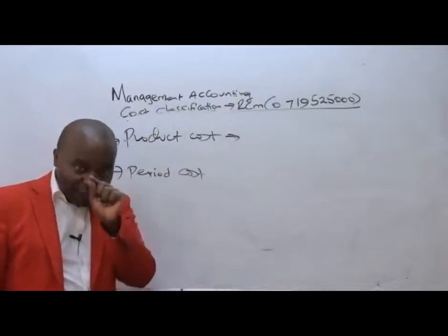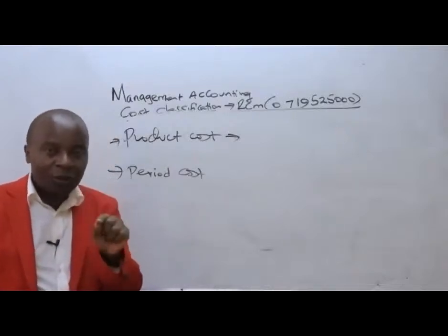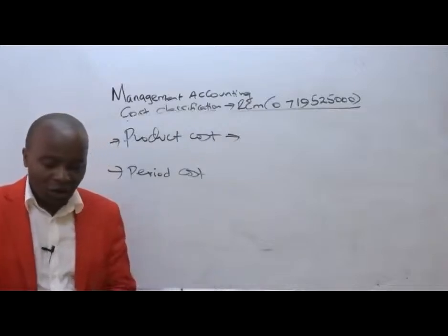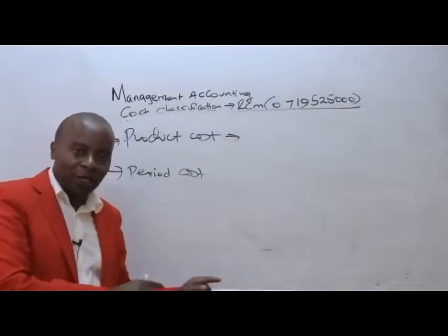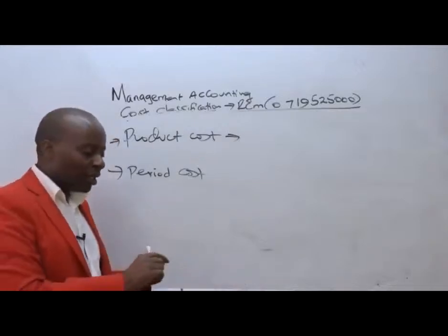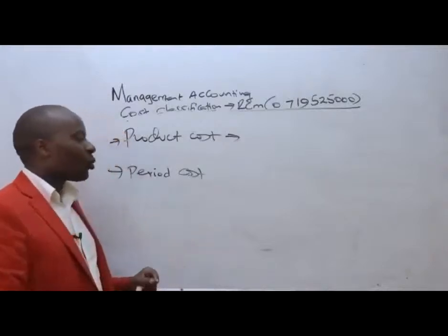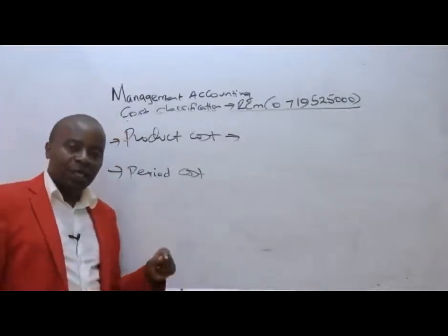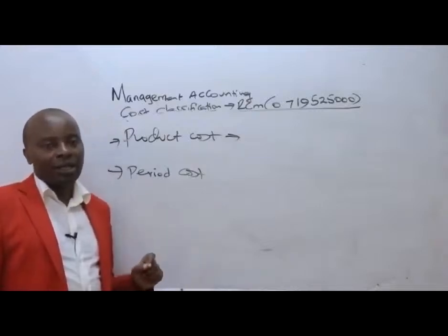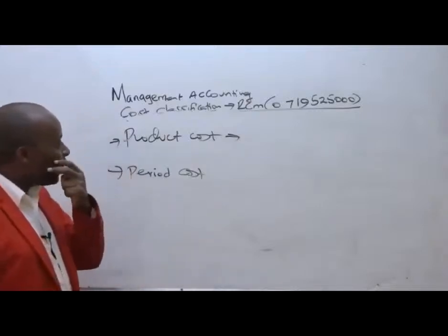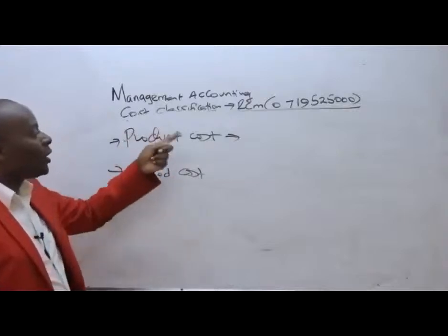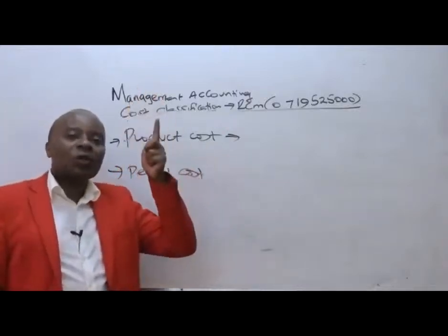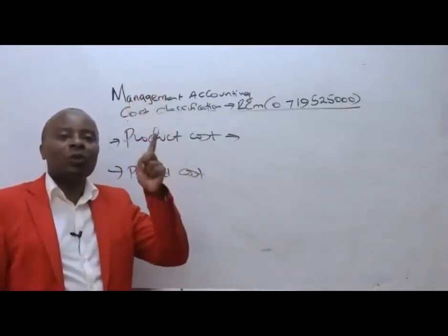Product costs are those costs that are attributable directly to the manufacturing process. We can trace them and say, for sure, this component went to this particular inventory item, this particular good which was produced, like raw materials, direct labor, etc. So most importantly, product costs are those costs which are directly associated with the inventory items that we have.